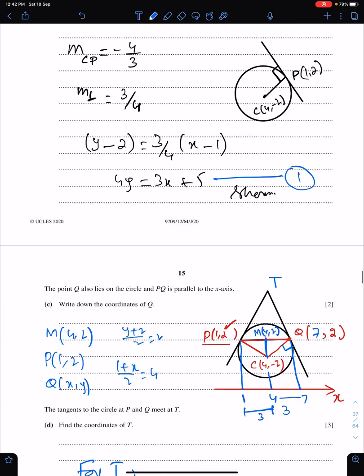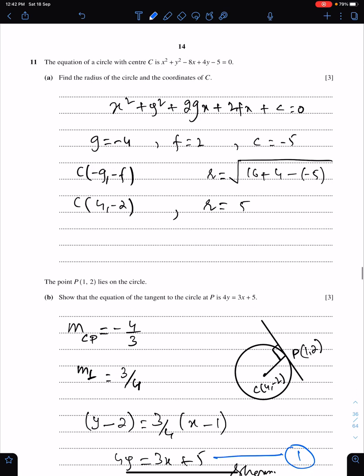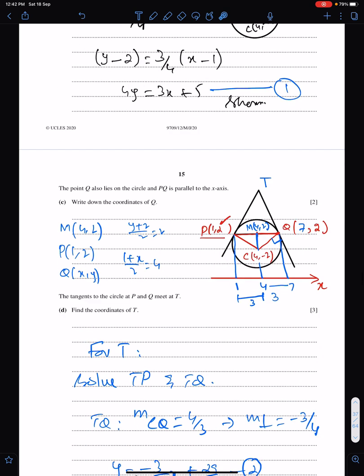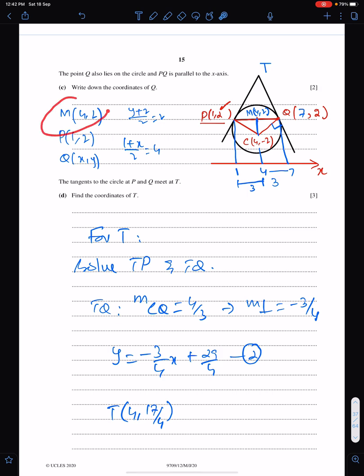You can check this solution again. The first part, we compared this equation with the standard equation and we got the coordinates of center and radius. Second part is very simple. Third part, by using midpoint and diagram, we got the coordinates of Q, 7, 2, and coordinates of T. For T, we just need to solve the equations of these two tangents simultaneously.